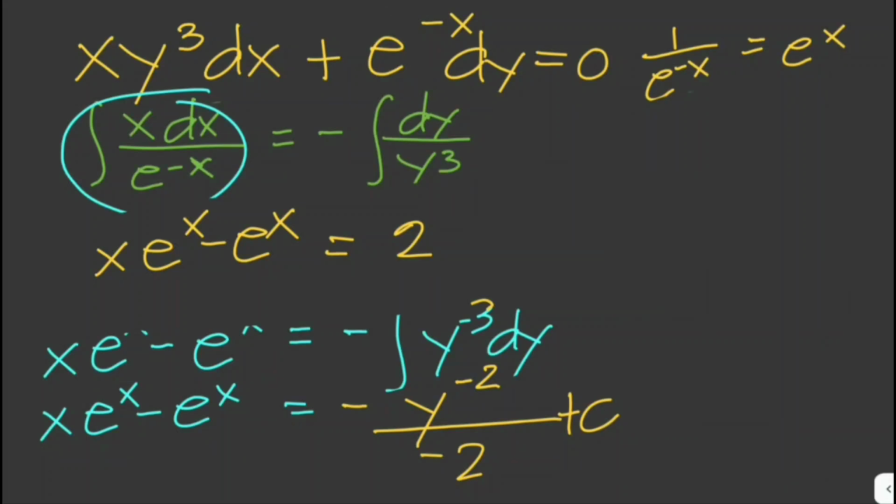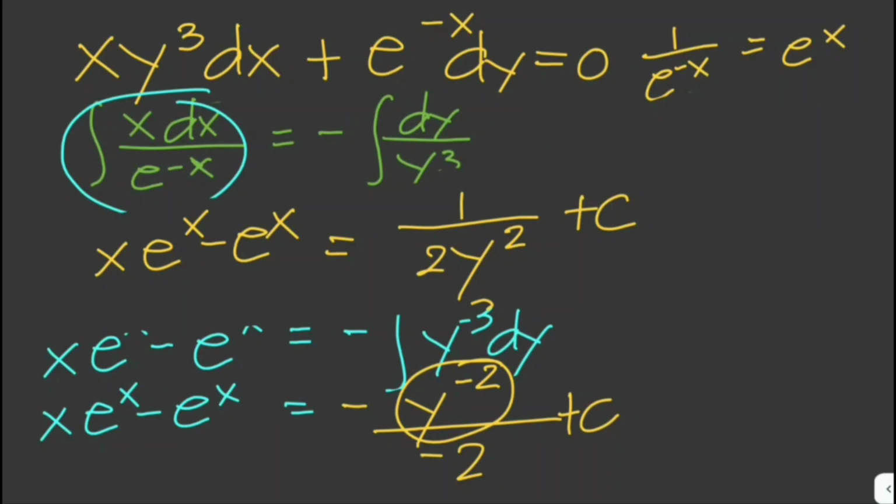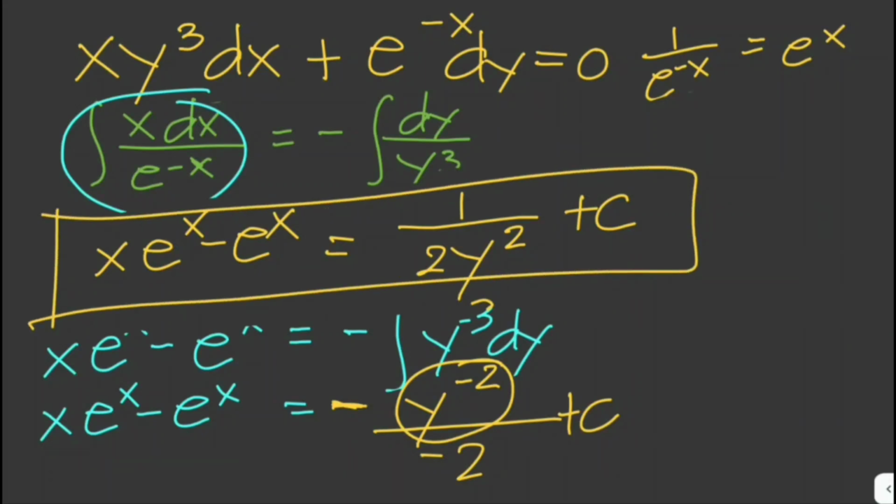So we can simplify this as 1 over 2y squared plus c, because we can write y to the negative 2 as 1 over y squared, and then we already have a negative sign outside the integral, so negative times negative is positive. Therefore the answer is this one, x times e to the x minus e to the x equals 1 over 2y squared plus c.